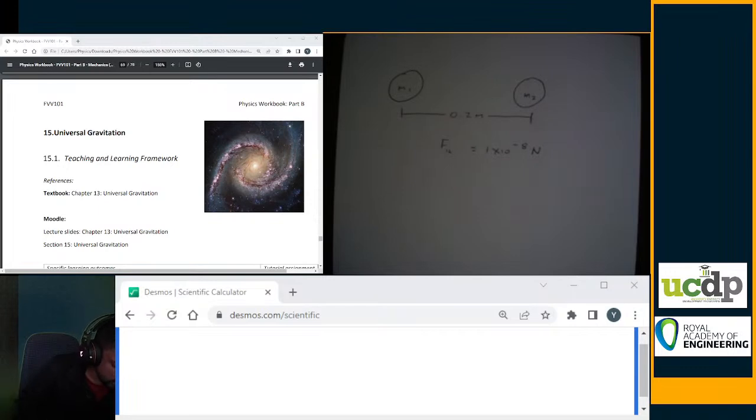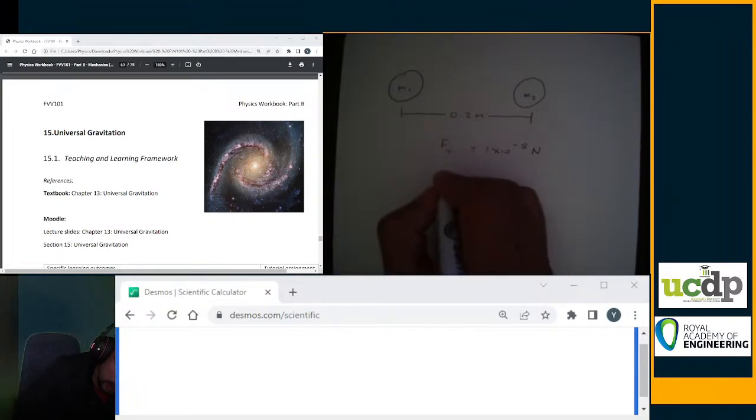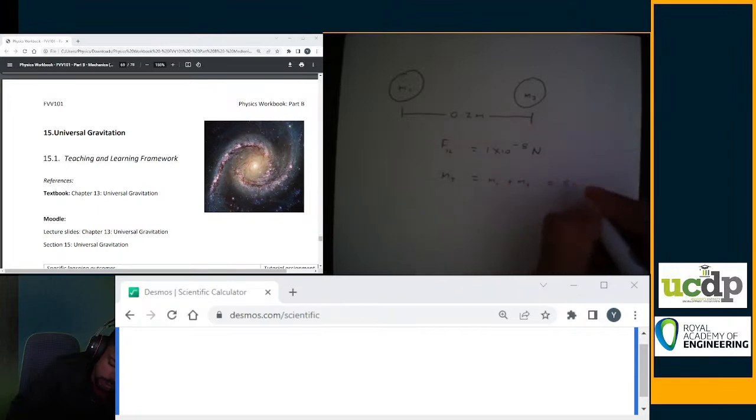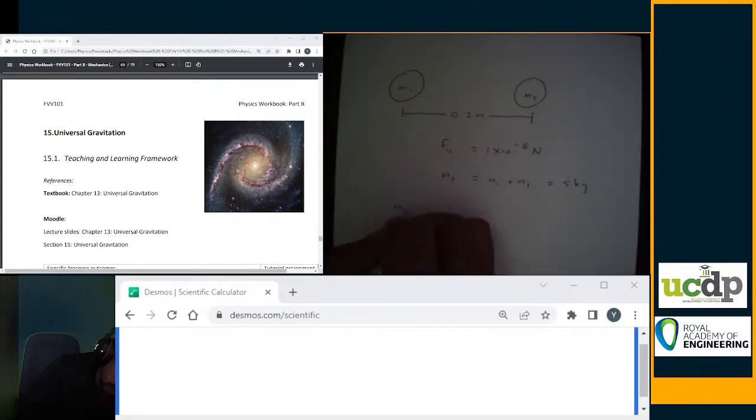Continuing, we are also given that the total mass, the mass mt of the two particles, is equal to M1 plus M2 is equal to 5 kilograms. They want to know what is M1 and what is M2 given the information provided.